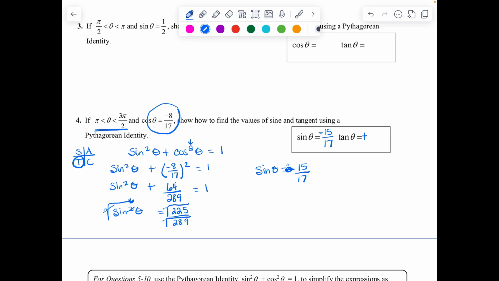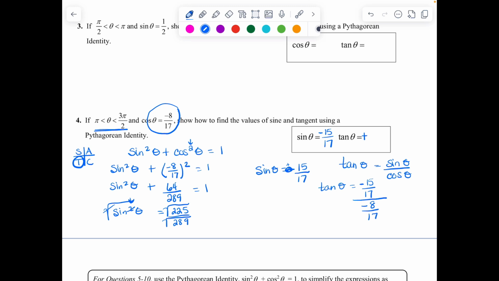Now we've got to find tangent. We have cosine and we have sine. Remember, on our quotient identities, tangent of theta is the same thing as sine of theta divided by cosine of theta. If we're going to find tangent, we know it's going to be positive, which helps us. Our sine is given as negative 15 over 17 divided by negative 8 over 17.